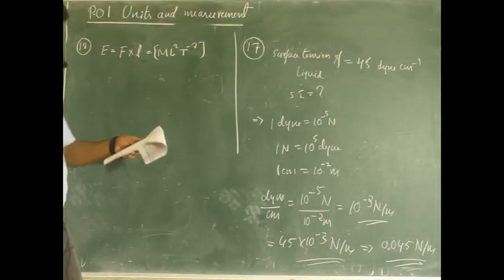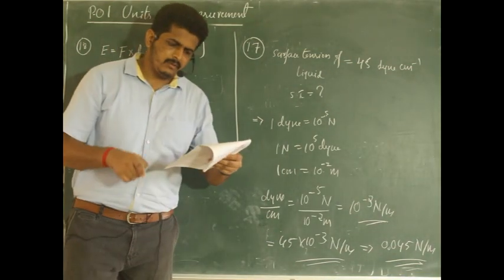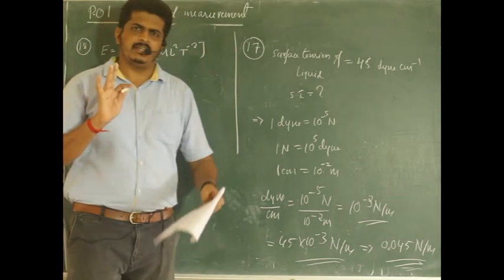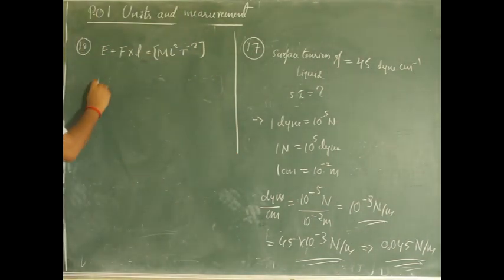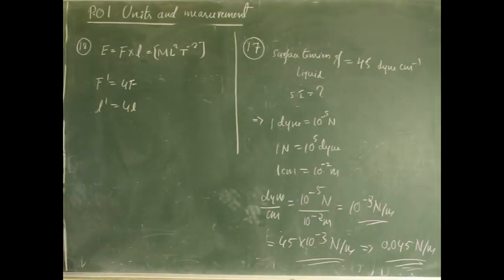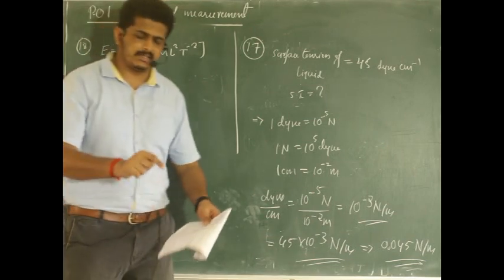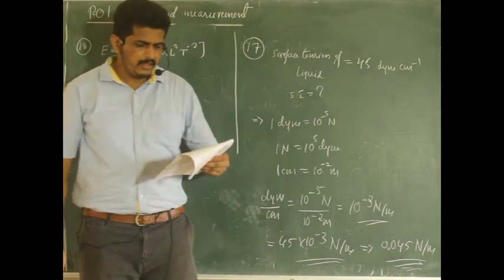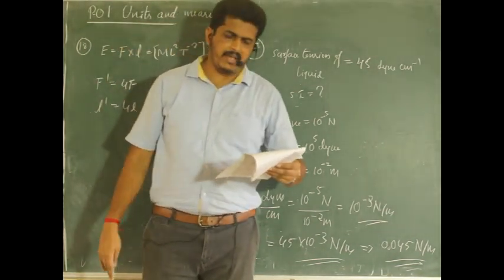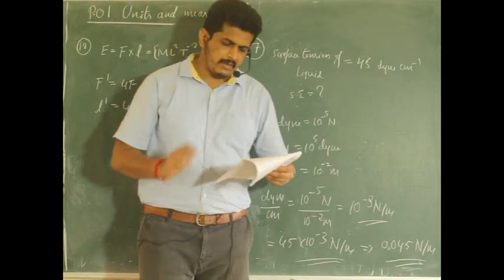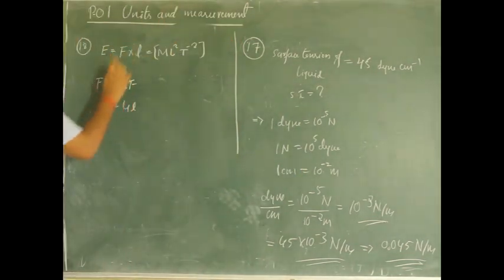So now, what I have mentioned, the unit of length and force are increased by 4 times it is mentioned. So, F dash 4 times, 4F. L dash 4 times. What else they are asking there? They are asking the energy will be increased by. So what I do, I will just multiply like this, okay?